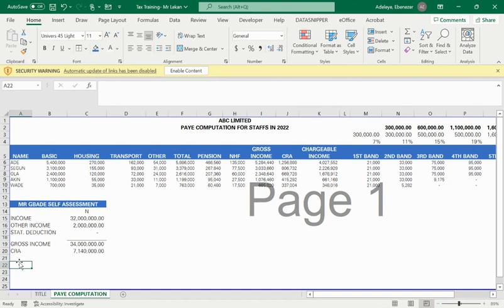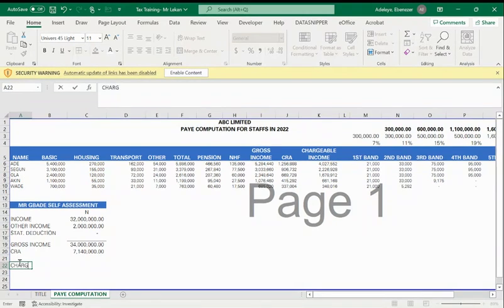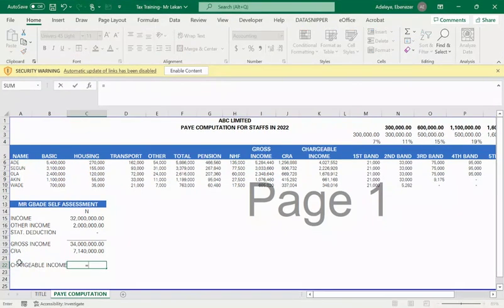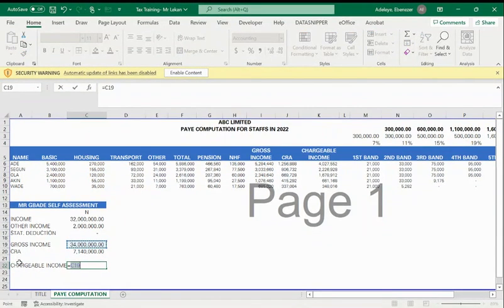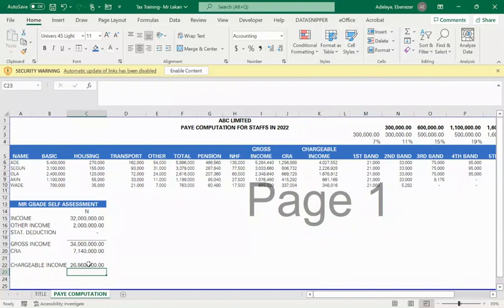So basically, if we remove this, then we arrive at our chargeable income, right? Chargeable income, which is going to be this less this minus this. So this is the final figure.